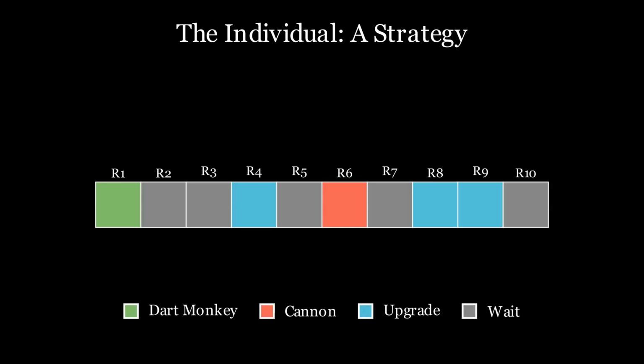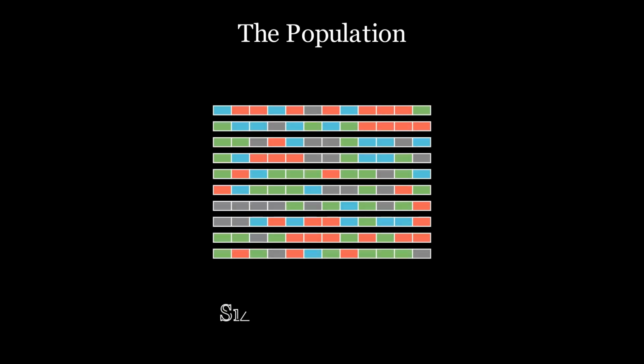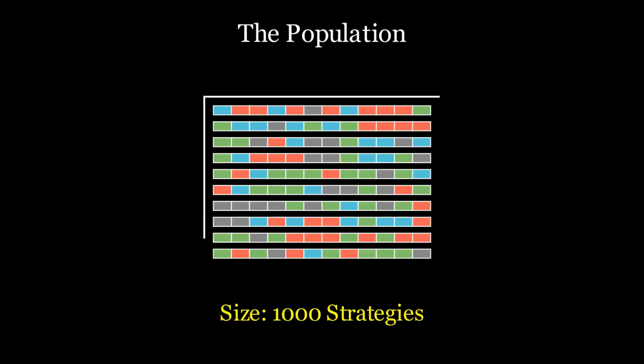These actions can be placing a dart monkey, placing a cannon, upgrading a certain tower, or waiting. It's a sequence of 40 actions representing one round each. Next, we combine these individuals together into a population. A population contains 1,000 different strategies, so 1,000 different ways our AI can play the game.